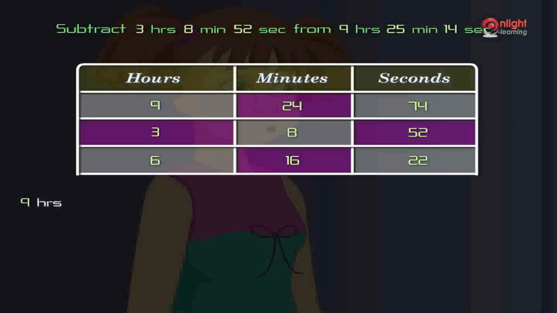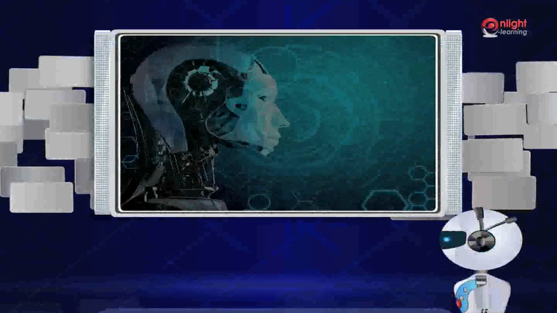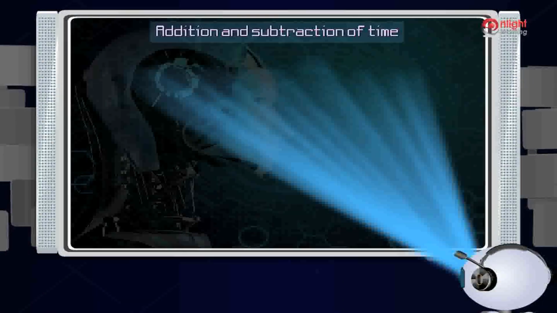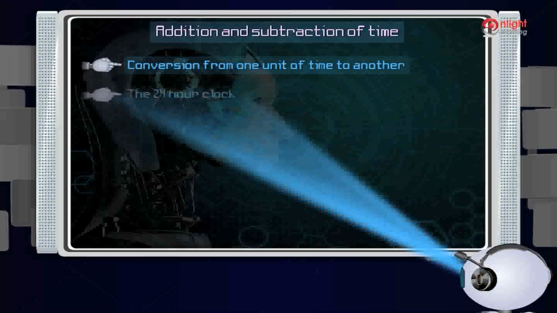Hence, 9 hours 25 minutes 14 seconds minus 3 hours 8 minutes 52 seconds is equal to 6 hours 16 minutes 22 seconds.